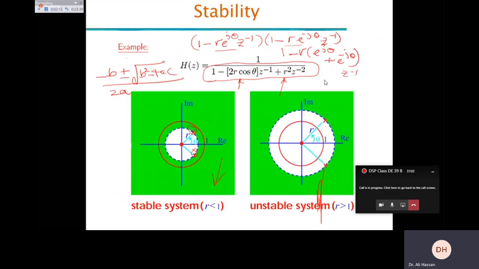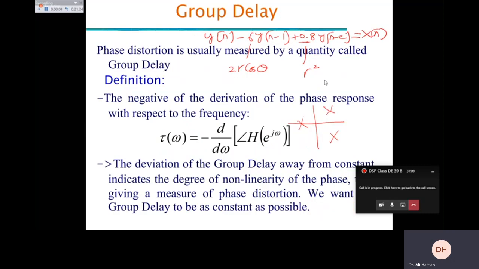The second important aspect is the phase, which we have been ignoring, saying let's not worry about the phase, let's only focus on the magnitude of the frequency response, because magnitude is important. It tells you how the system will tailor the shape of the frequency response of the signal, what frequency it will eat up, what frequency it will amplify, what frequency the system will let go.